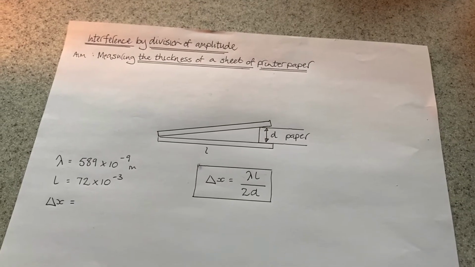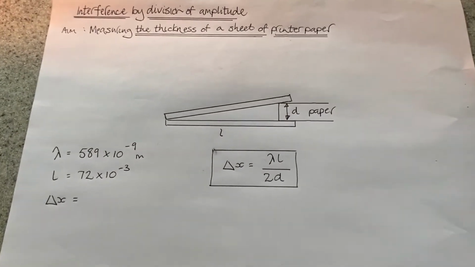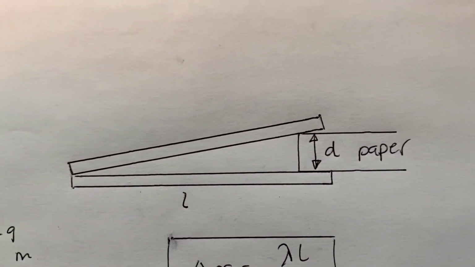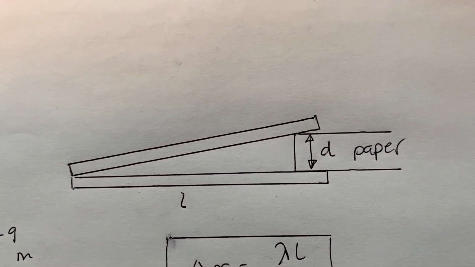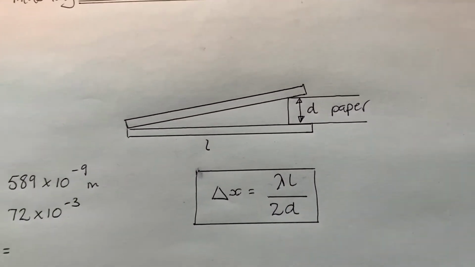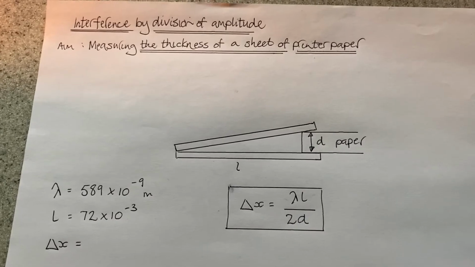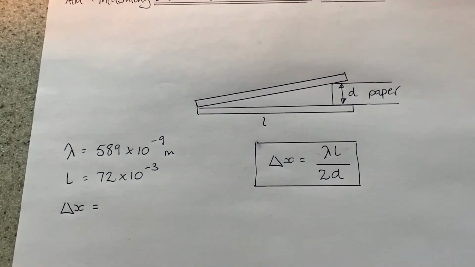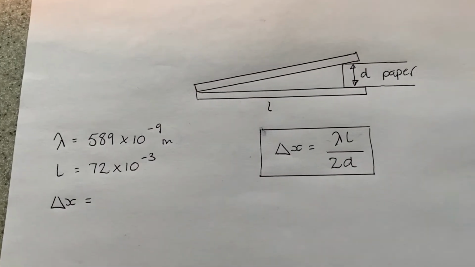So here's the wee experiment we're going to do. We have got our microscope slides set up with a sheet of printer paper stuck in at one end. That's producing our air wedge between the two glass slides. And we're going to use a sodium lamp. The sodium lamp's got a wavelength of 589 nanometers. We got that from a data sheet.